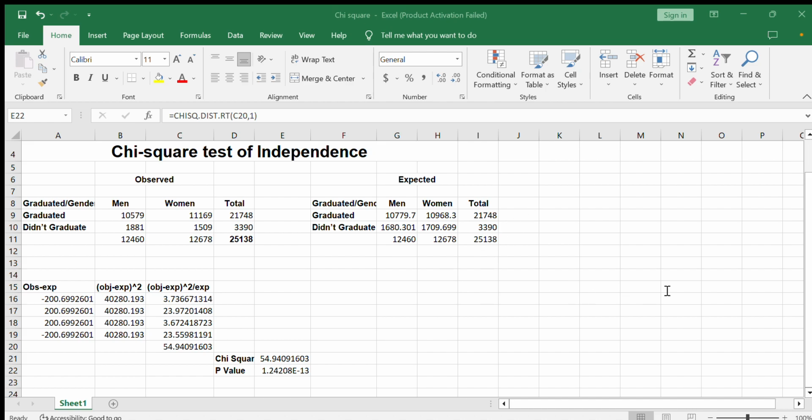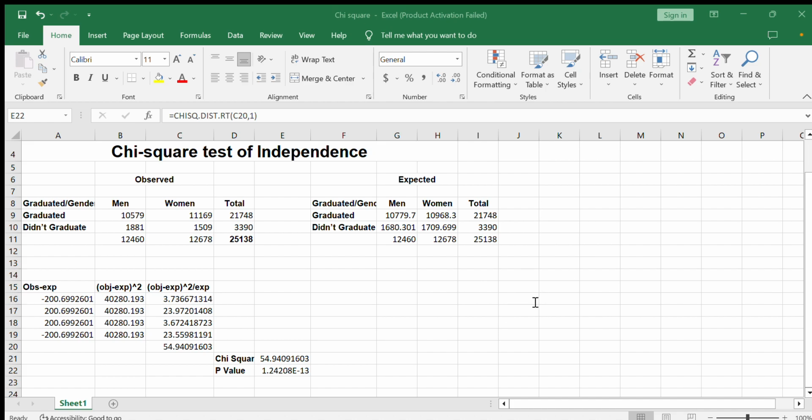If you were to write this number in two decimal places, it would be 0.00. So, is 0.00 bigger or smaller than 0.05? 0.00 is actually smaller than 0.05. And when the p-value is less than the significance value, you reject the null hypothesis.